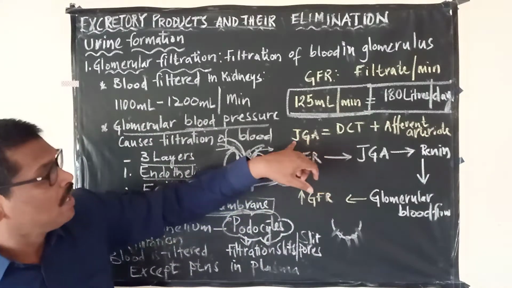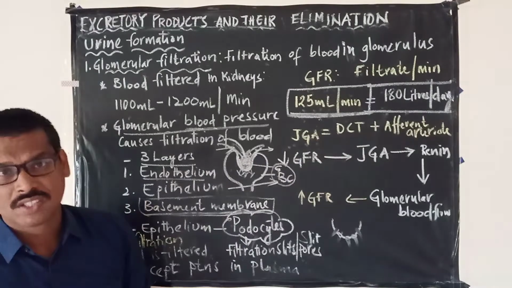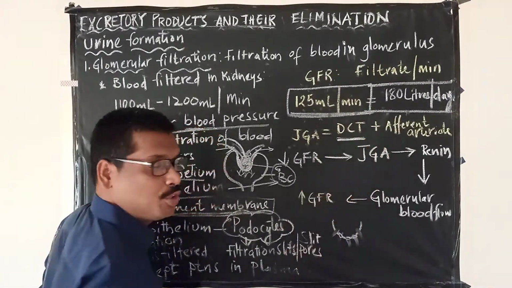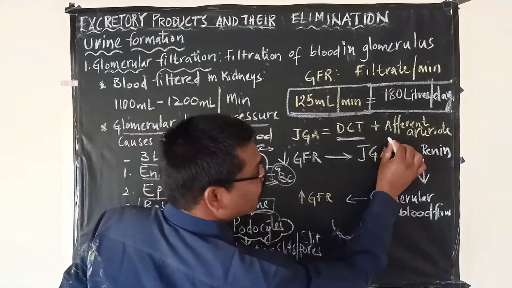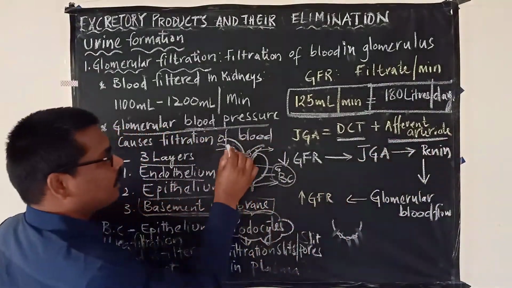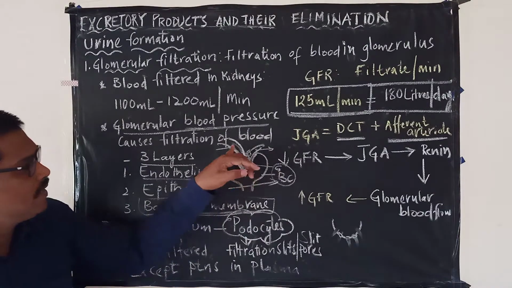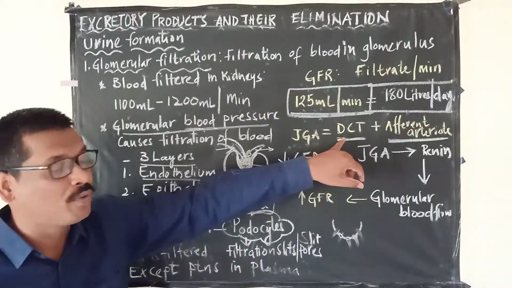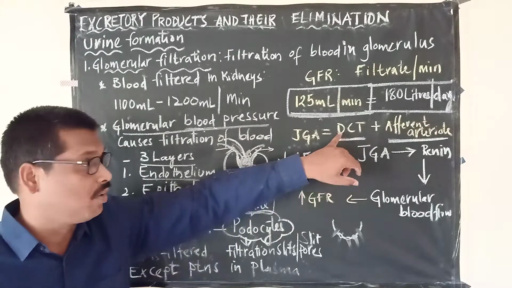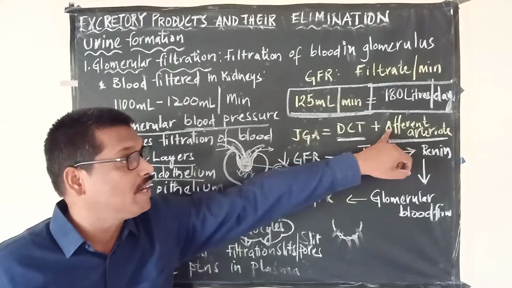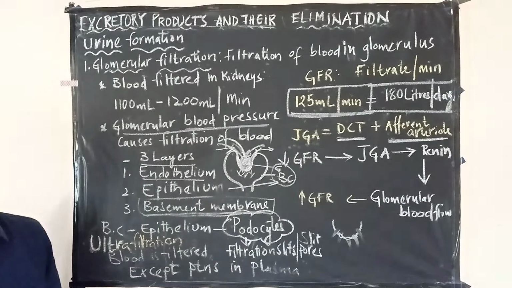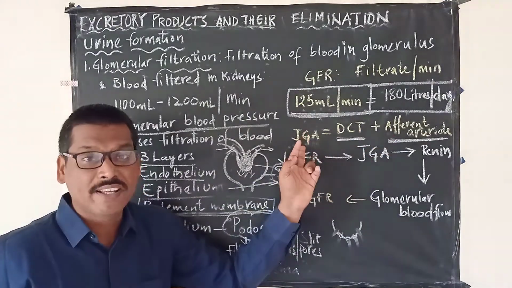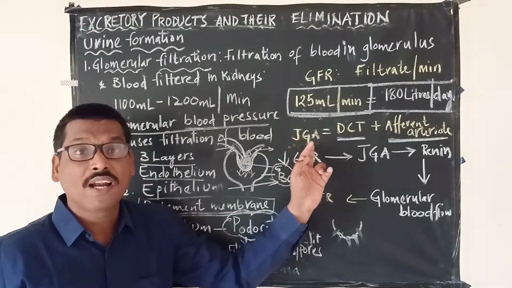The juxtaglomerular apparatus is made up of the DCT, the distal convoluted tubule, and the efferent arteriole. These two parts of the nephron together we call the juxtaglomerular apparatus.